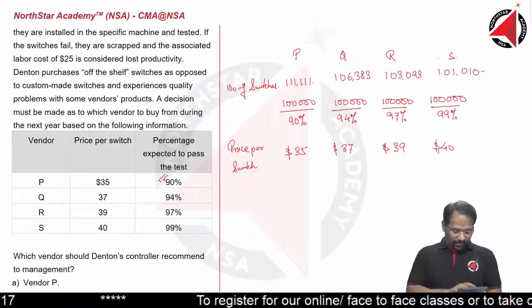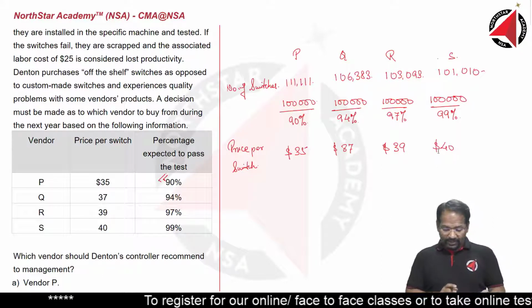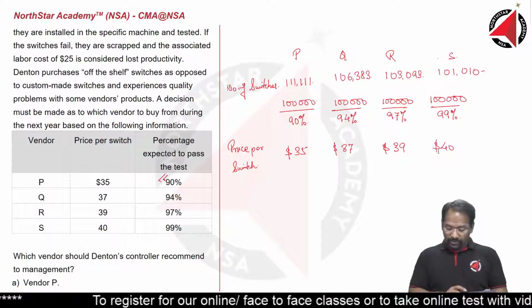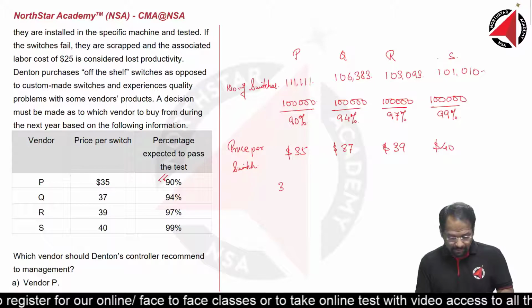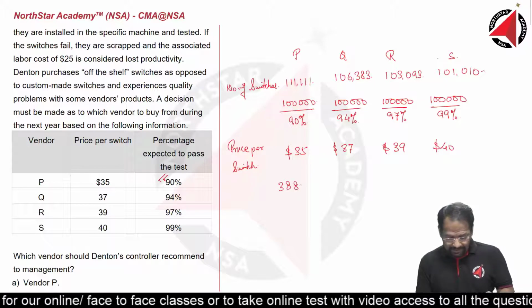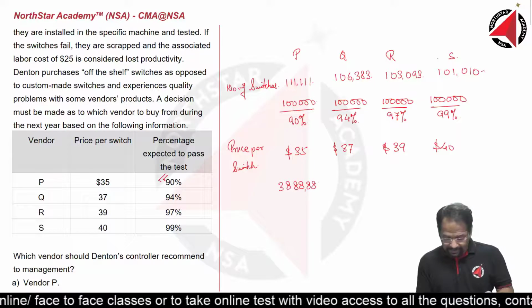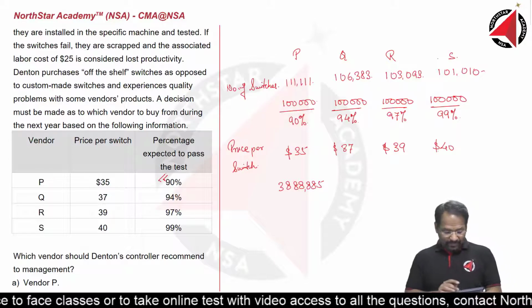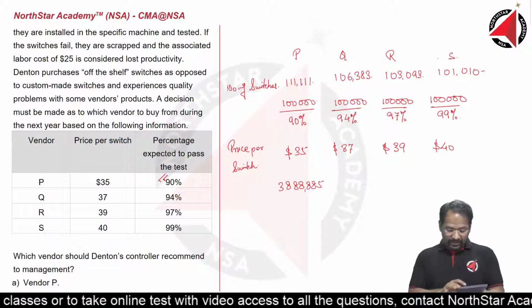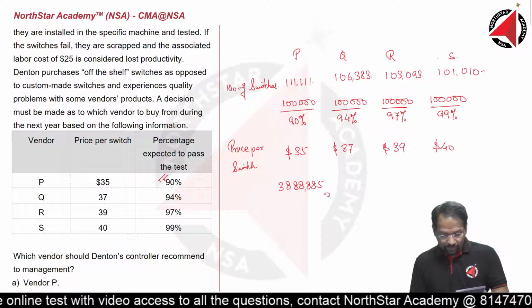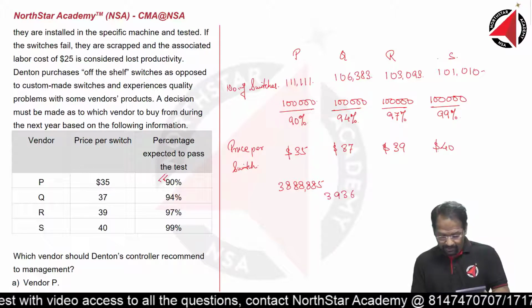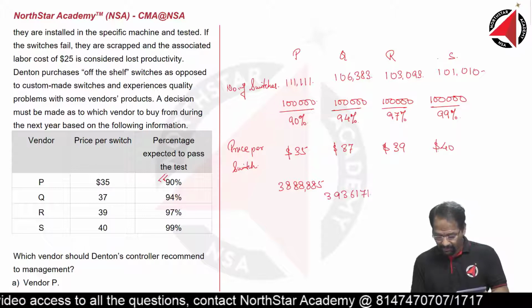So the first one, 111,111 multiplied by $35, we get approximately 3,888,885. The next one, 106,383 multiplied by $37, we get 3,936,171.